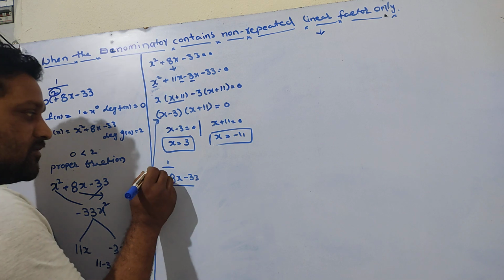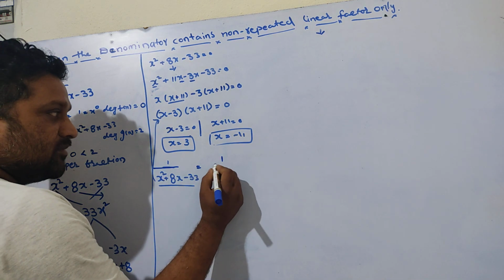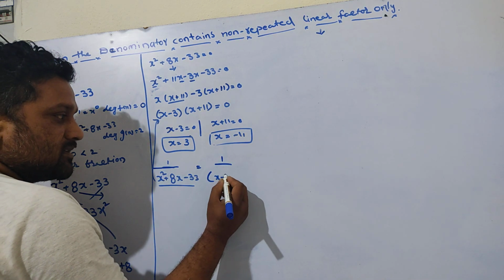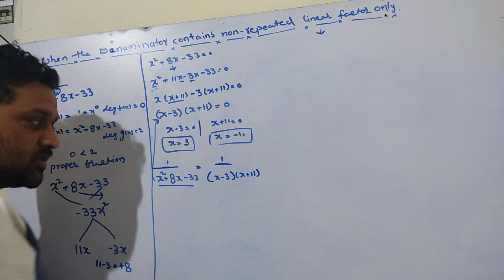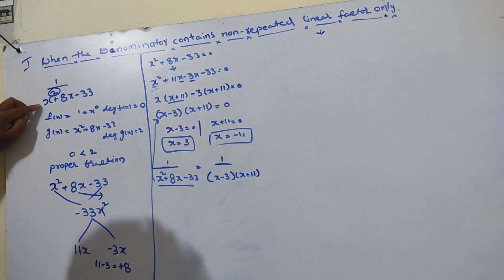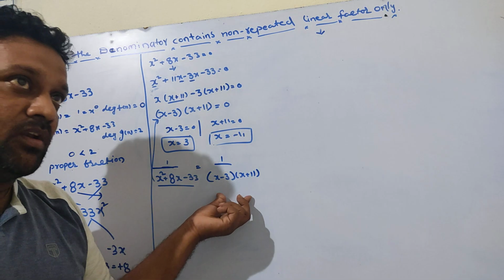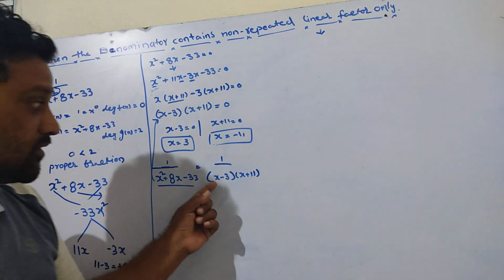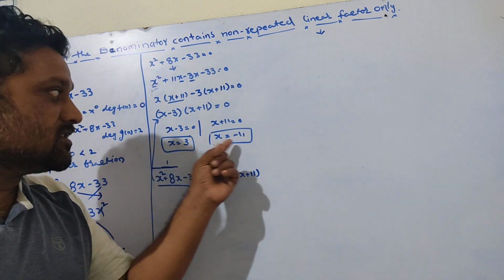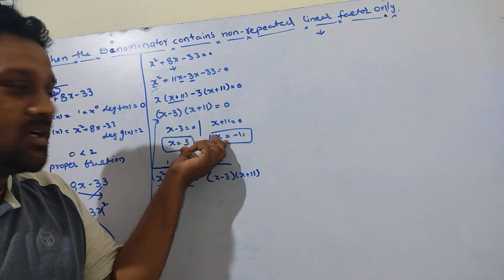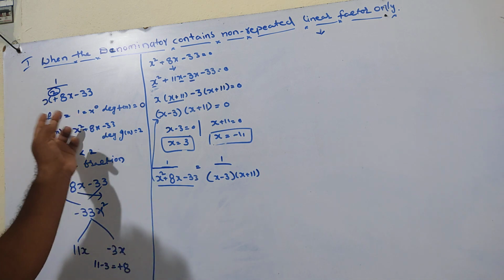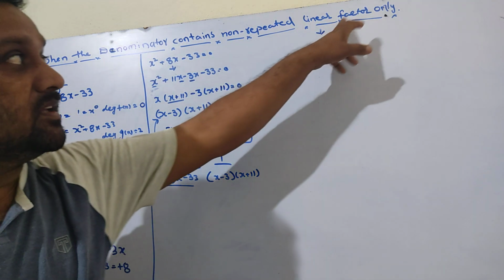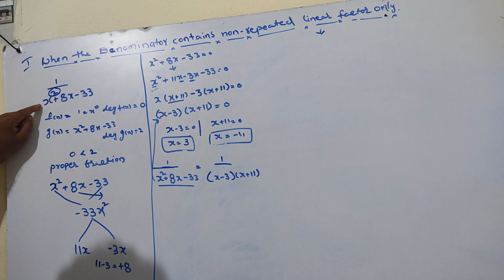That's why I am writing here 1 by x minus 3 into x plus 11. So the quadratic polynomial can be converted into a product of linear polynomials. We have got x is equal to 3 and x is equal to minus 11; the two values are not equal. Then only we say this one is the non-repeated linear factor. So we are observing the quadratic factor.